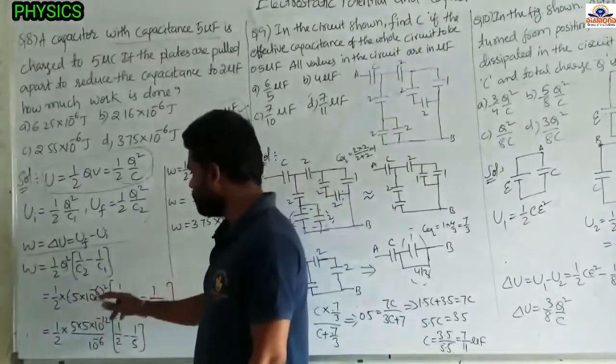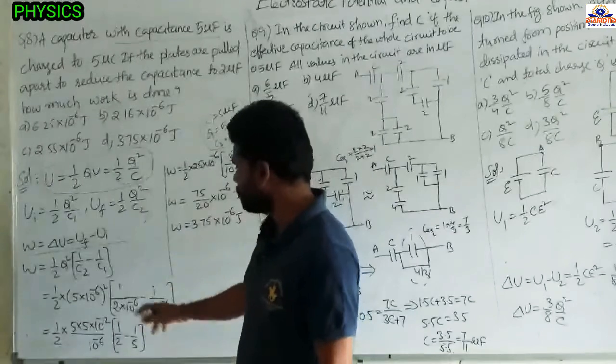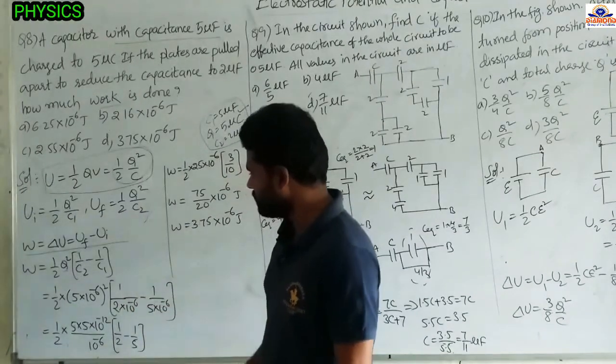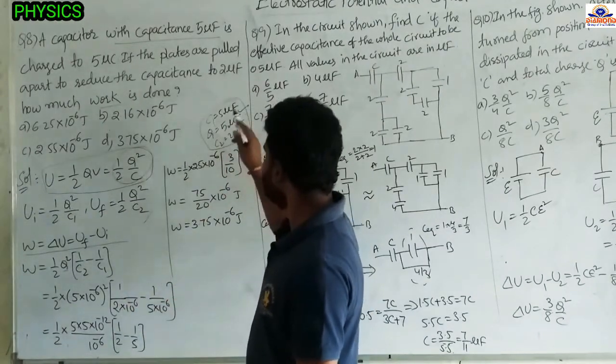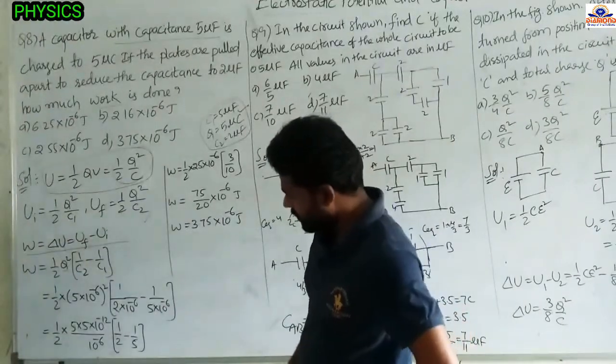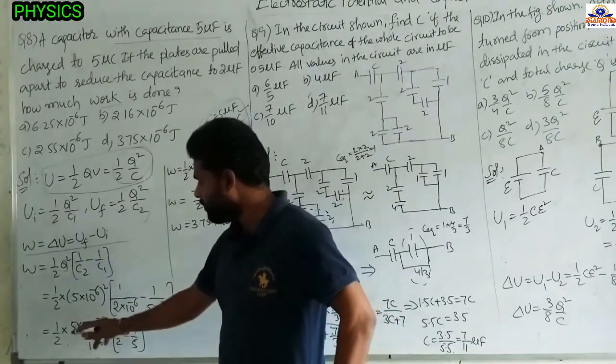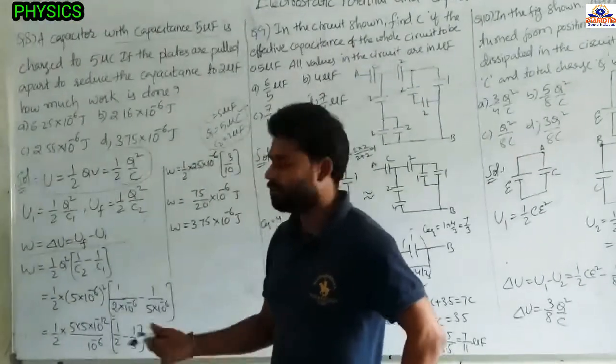So 5 into 10 power minus 6 whole square, into 1 by C2 value, which is 2 microfarads, 1 by 2 into 10 power minus 6, minus the C1 value, which is 5 microfarads, so 1 by 5 into 10 power minus 6. See the simplification: 1 by 2 into 5 into 10 power minus 6 whole square; 5 into 5 into 10 power minus 6 whole square means 10 power minus 12.